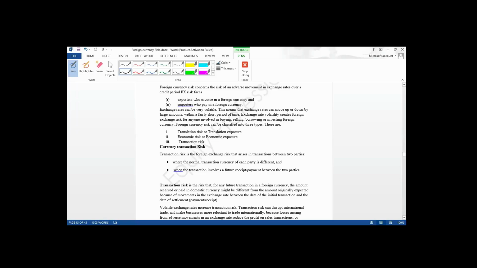Now, the transaction between us involves a future payment and future receipts.